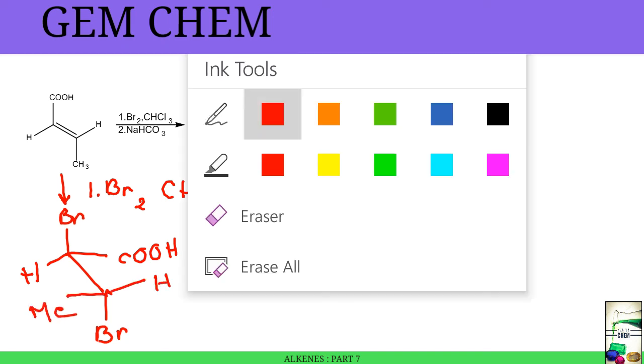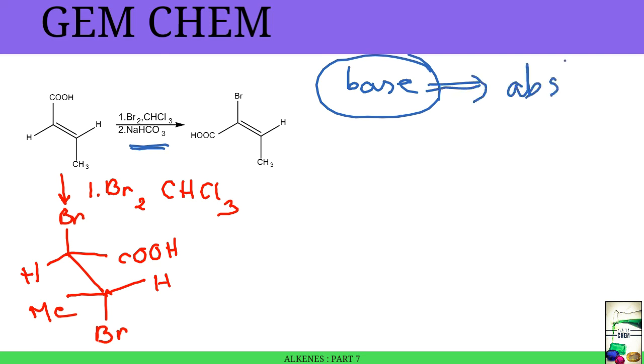Now what we do, since base is present, the primary work of base is to abstract a proton, that is to obtain the proton, right? So it will try to obtain the proton. In which carbon should it abstract the proton? This one, because here COOH is present. So this one will be loosely bound and easily abstractable.